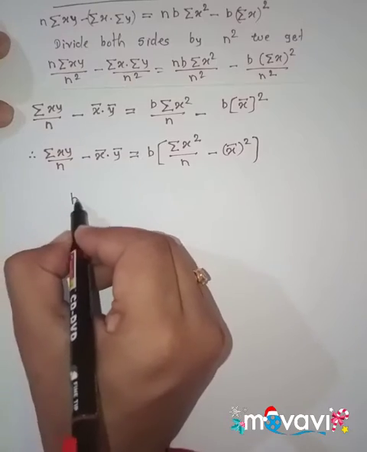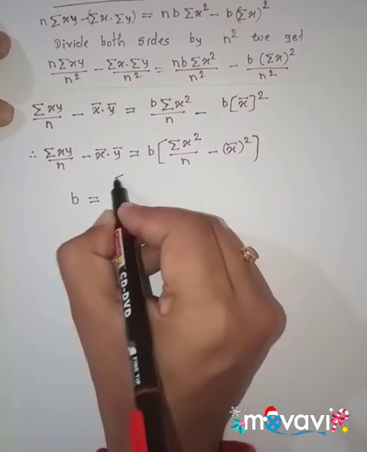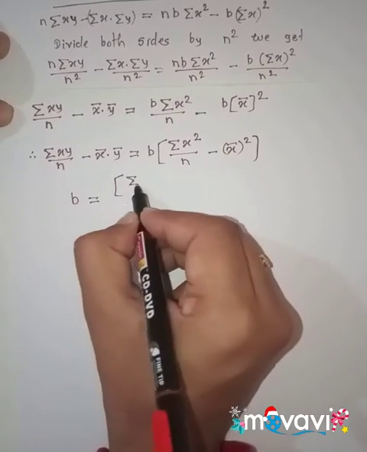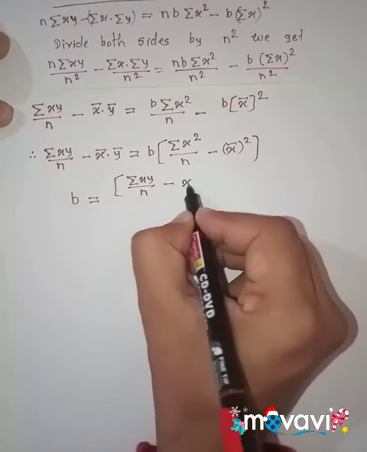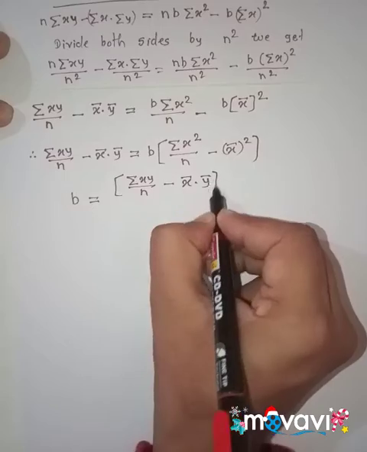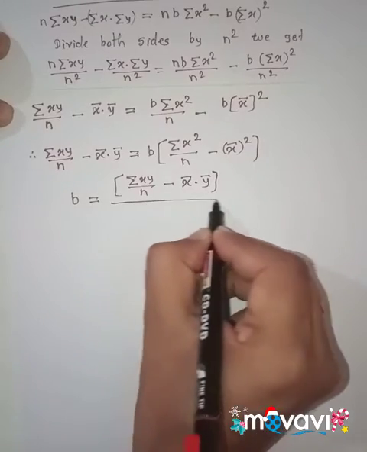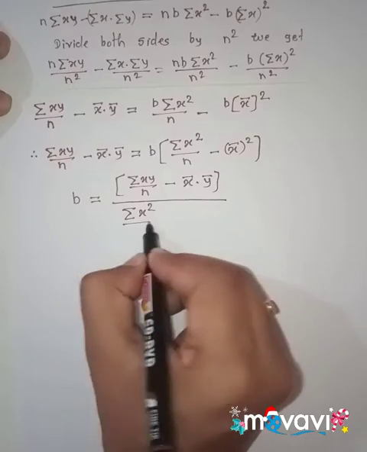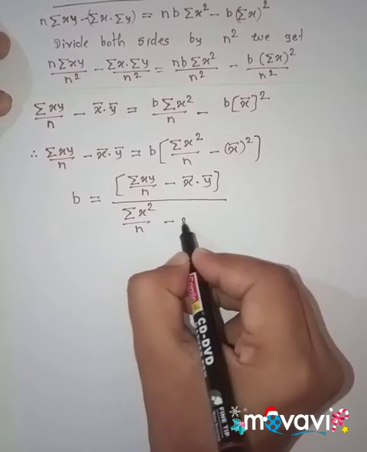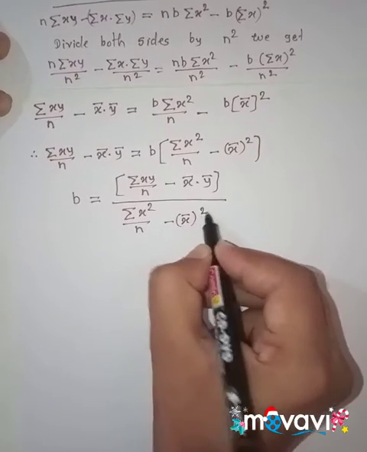So the value of b is nothing but this summation xy upon n minus x bar into y bar upon this quantity summation x square upon n minus x bar square.